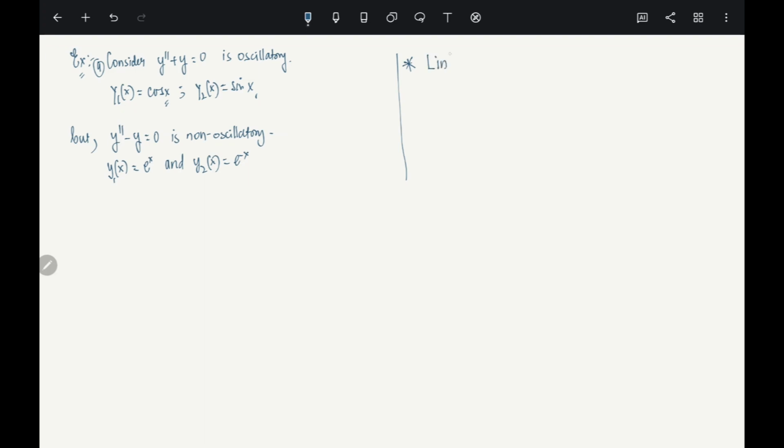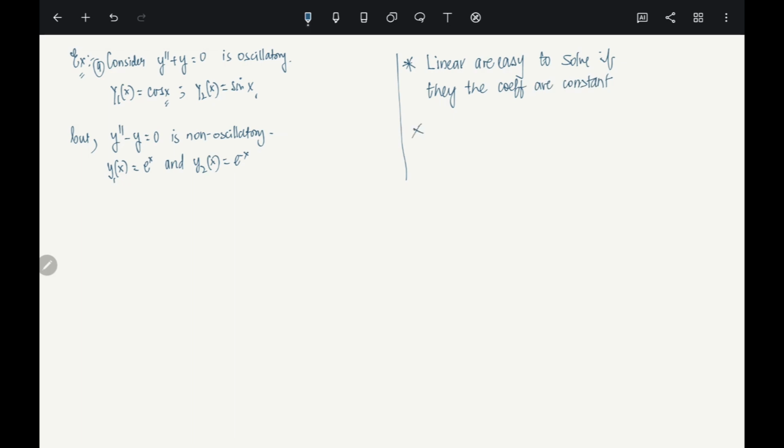Remember this: linear equations are easy to solve if the coefficients are constant.